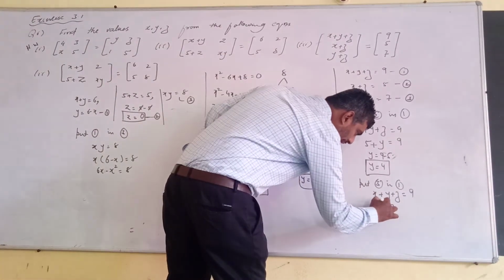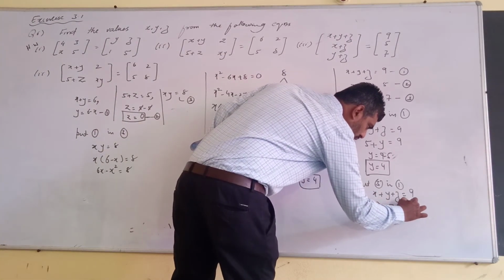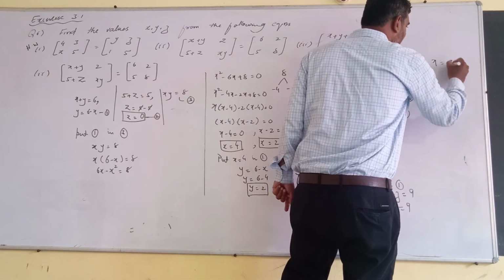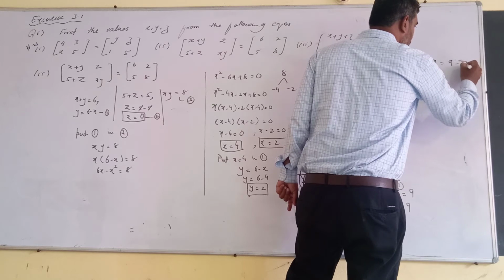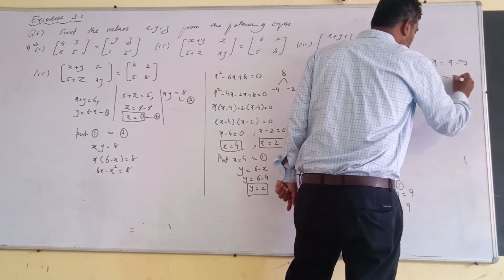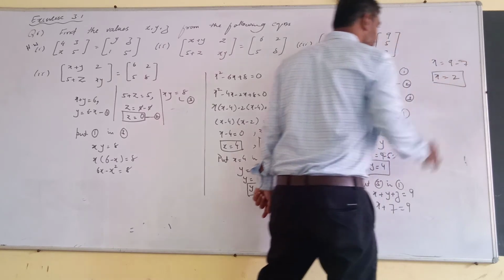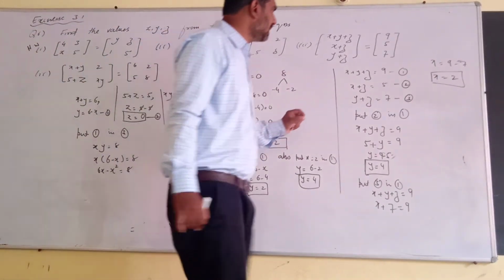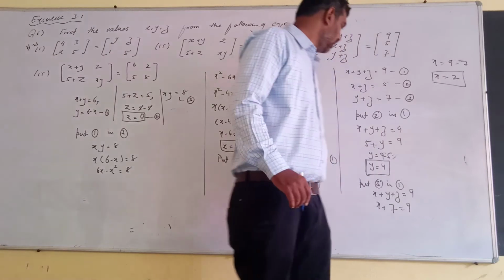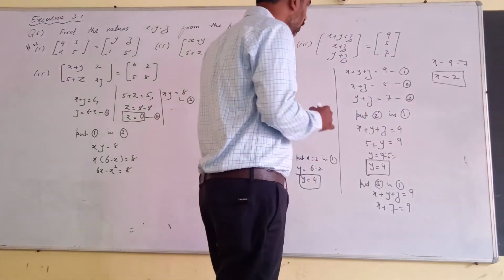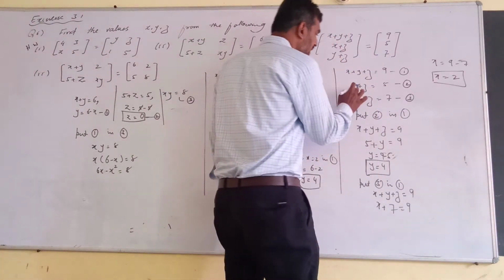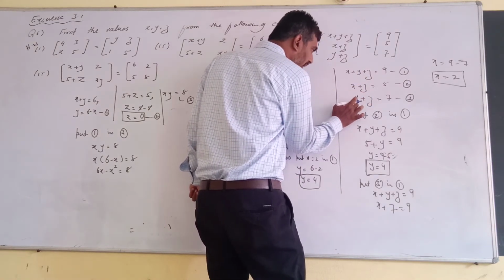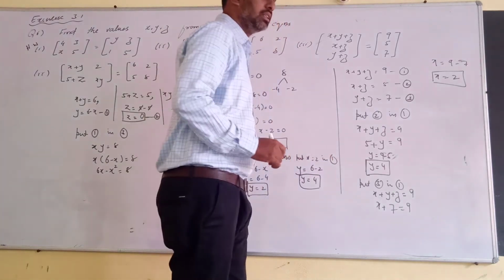What is remaining? x is equal to 9 minus 7. That gives us x is equal to 2. We got the value of y, we got the value of x. Now we need the value of z. Either you put the x value here or the y value here, you will get the value of z.